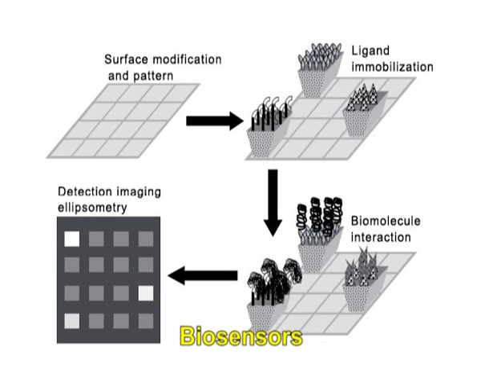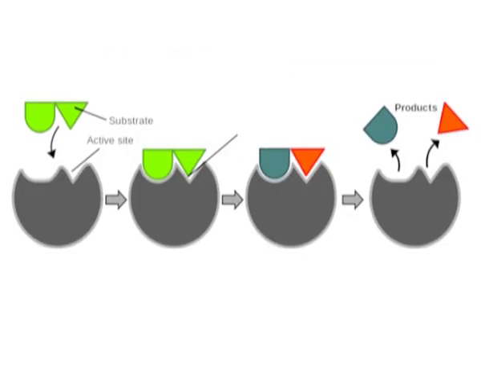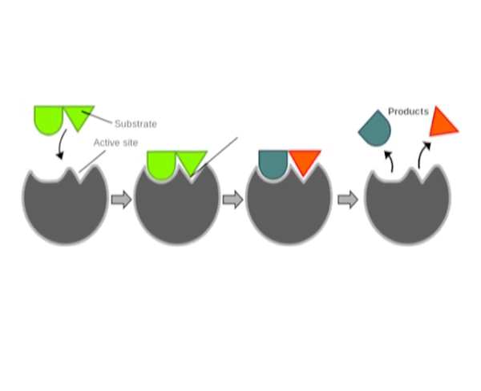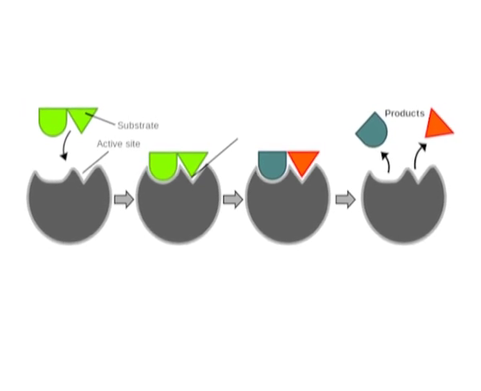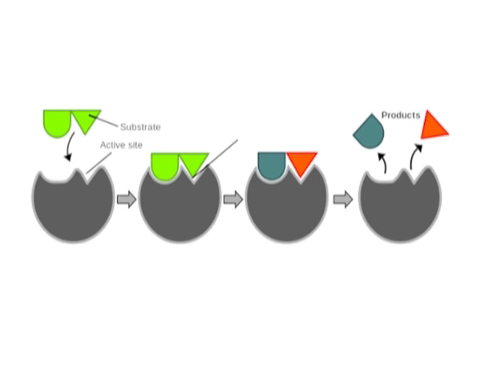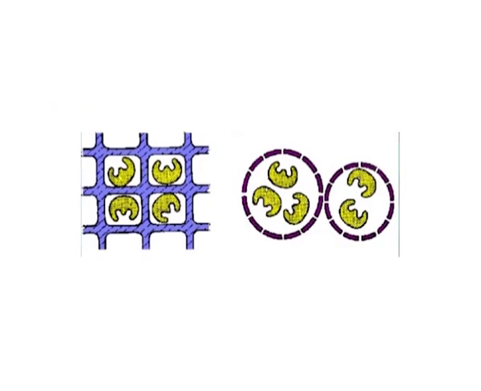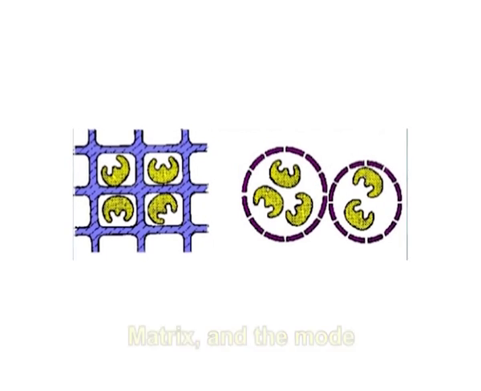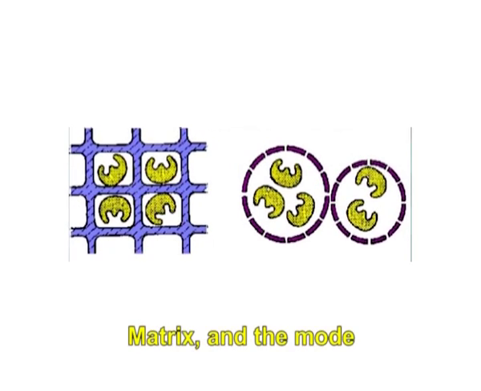Initially, only immobilized single enzymes were used, but the 1970s saw the development of more complex systems, including two enzyme reactions with cofactor regeneration and living cells. The major components of an immobilized enzyme system are the enzyme, the matrix, and the mode of attachment.